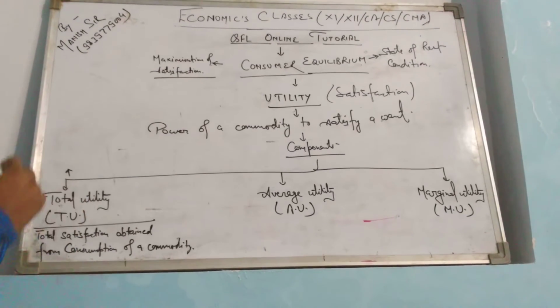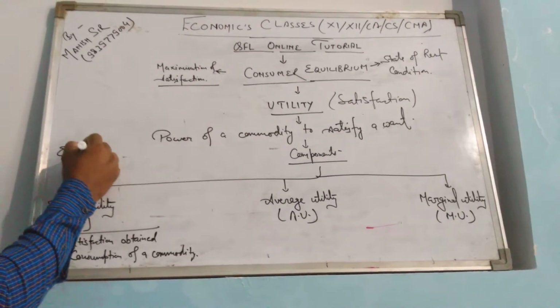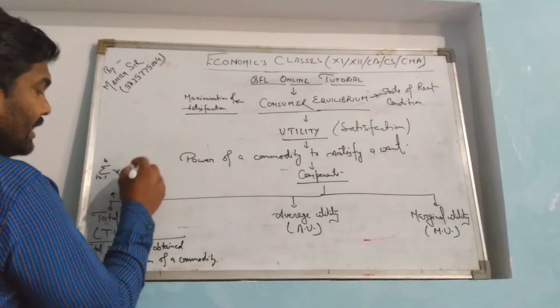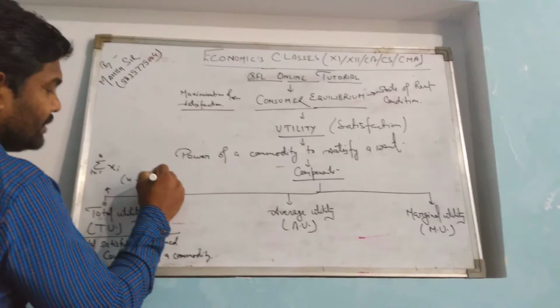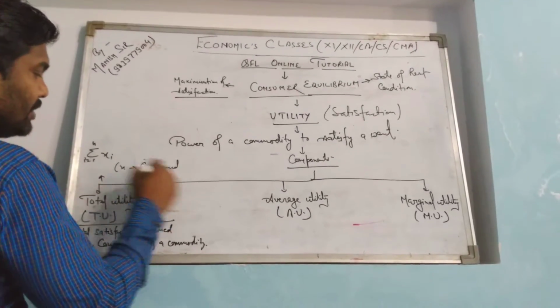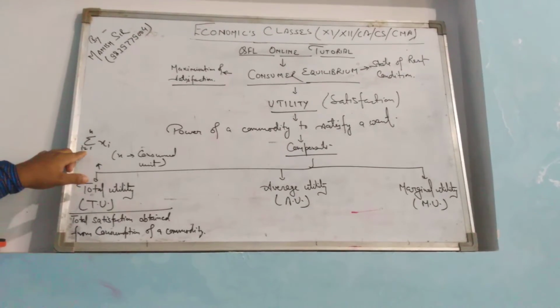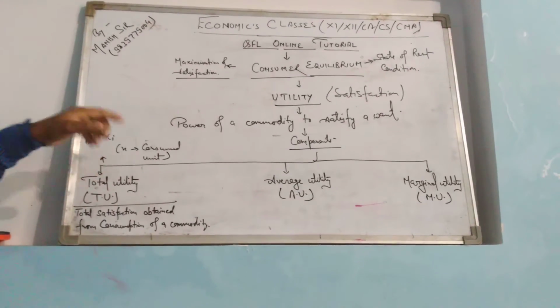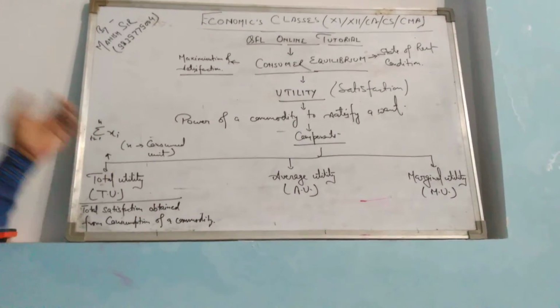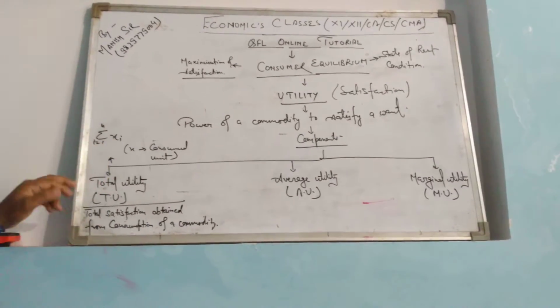The formula that we can write here is sigma x_i, i equals 1 to n. What is x? X is your consumed unit. And what is i? As we consume 1, 2, 3, 4, 5, 6, whatever number of commodities we are consuming, the total satisfaction that we are obtaining is called total utility.